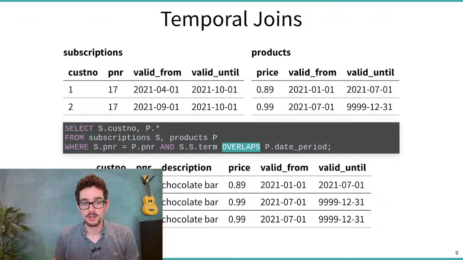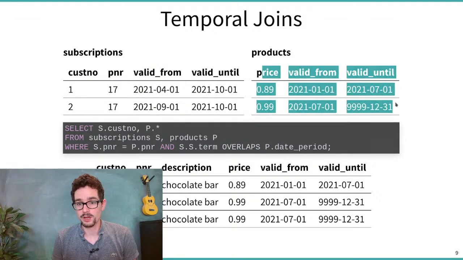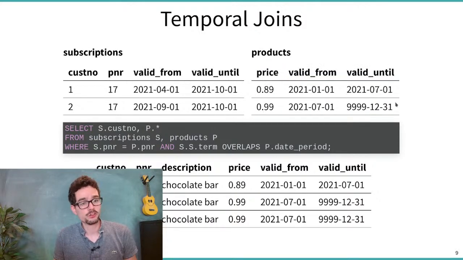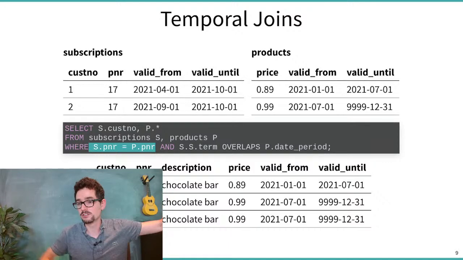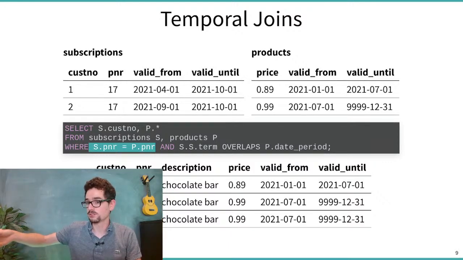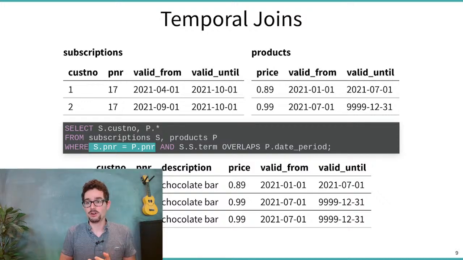When you have a subscription and you have products, it's not sufficient anymore to just join on PNR equals PNR, because then you find a subscription from 3 years ago with product prices of next week and so on. So you have to match join partners based on the overlappings in the time intervals so that you find really matches here.